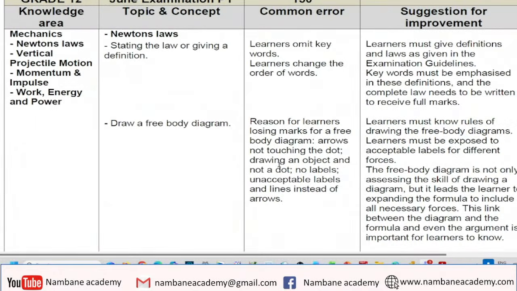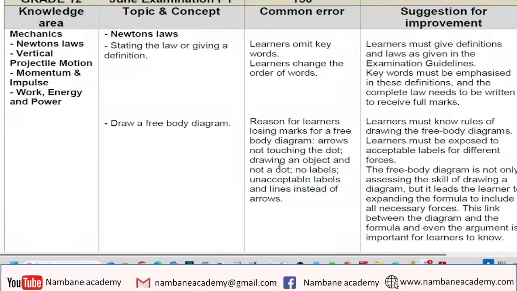Now getting to the concepts or the topics for paper 1. But before I talk to these topics, it is important that our learners, as I indicated earlier, whenever you get your question paper, please go through the question paper before you start writing.